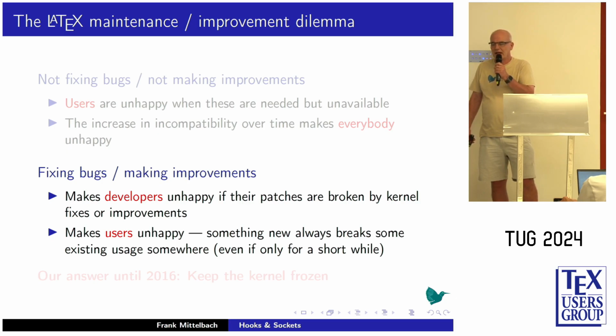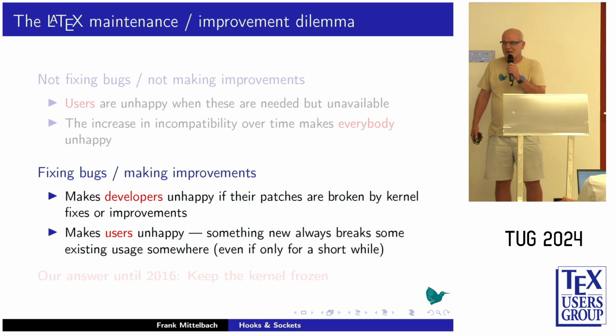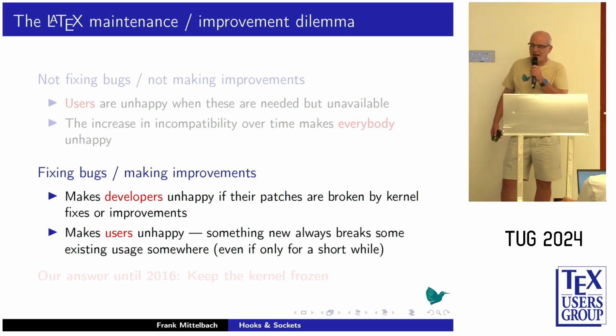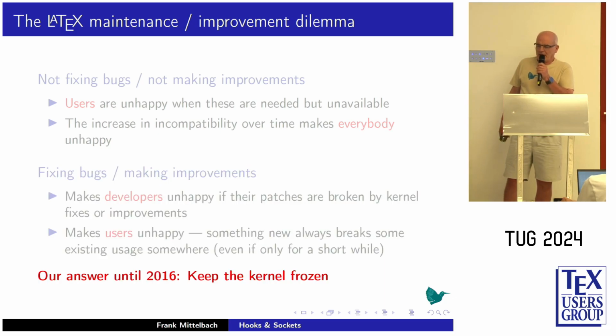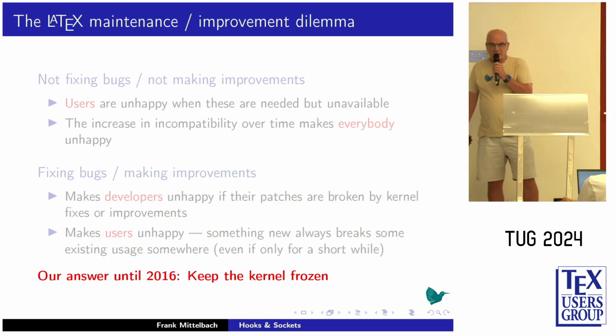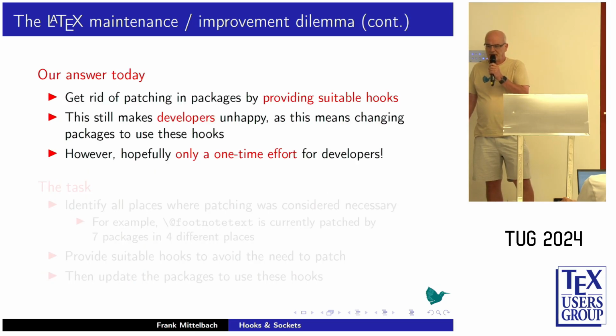It's just happening, which is one of the reasons why we more or less every half year have a patch level 1 or something, because something got overlooked at the release time. Anyway, until 2.16, we were basically saying we keep the kernel frozen, everything happening in packages.